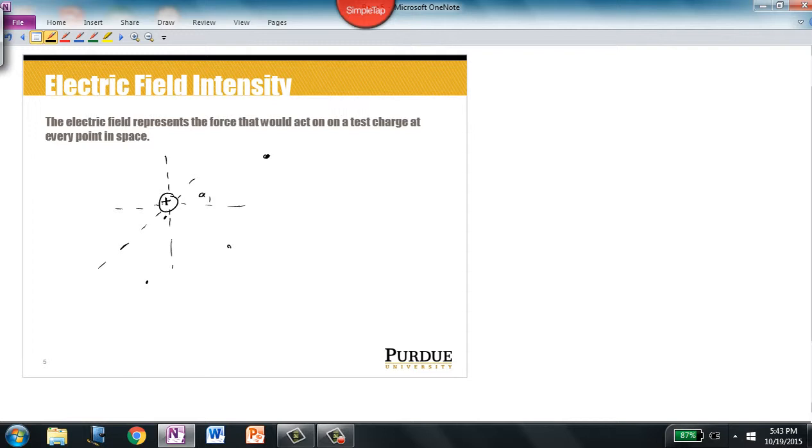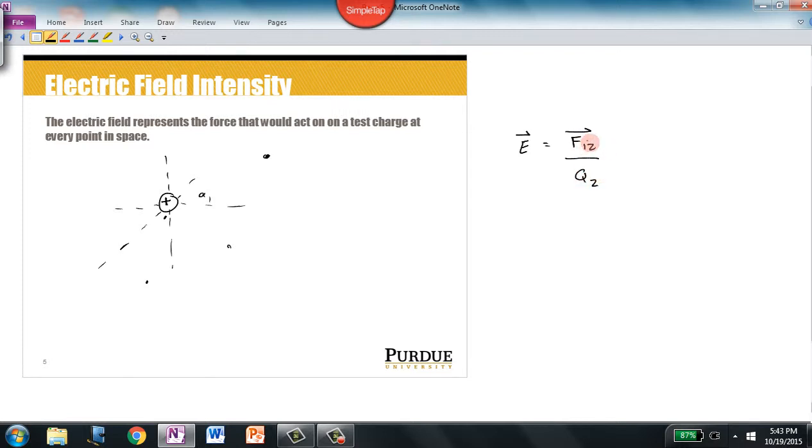And so we define this concept of electric field intensity, which is the force generated per unit charge. The electric field intensity, E, is equal to the force that would be generated on a test charge divided by the magnitude of that test charge.